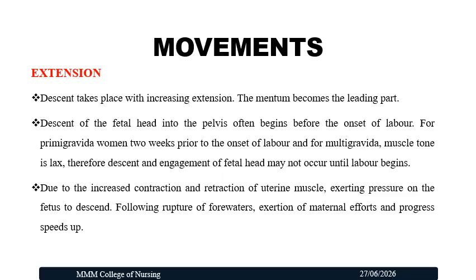Therefore, the descent and engagement of the fetal head may not occur until the labor begins. Due to the increased contraction and retraction of the uterine muscle, pressure is exerted on the fetus to descend, followed by rupture of forewater, exertion of maternal efforts, and progress speeds up.